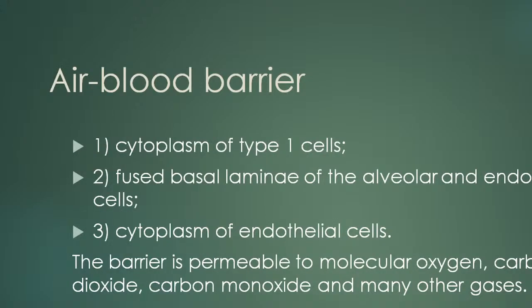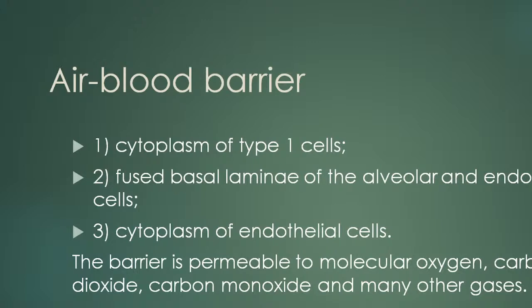And the last part is the air-blood barrier. What is the air-blood barrier? Air in the alveoli is separated from capillary blood by components which form the air-blood barrier. The air-blood barrier exists in the gas exchanging region of the lungs.